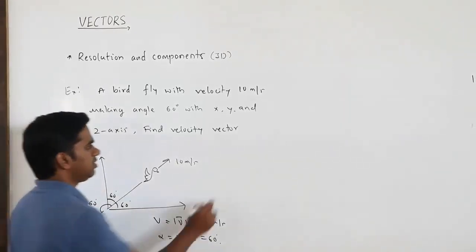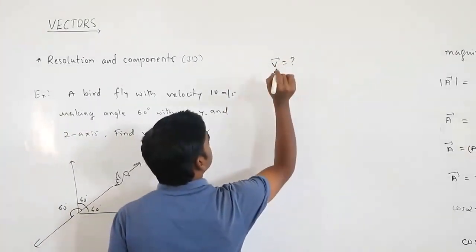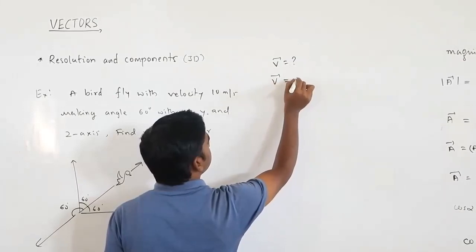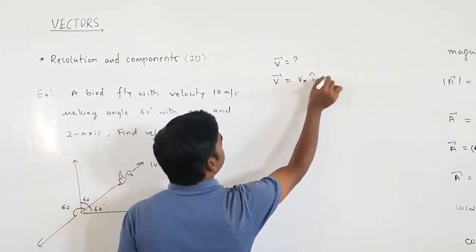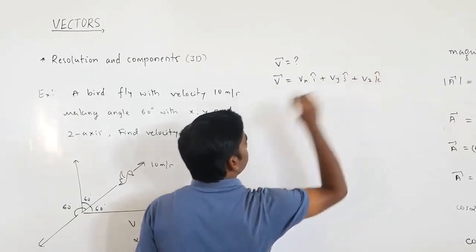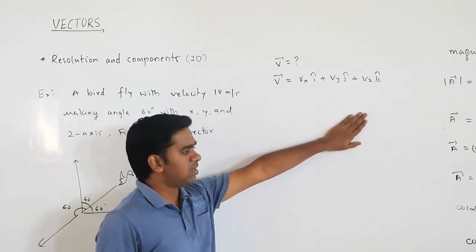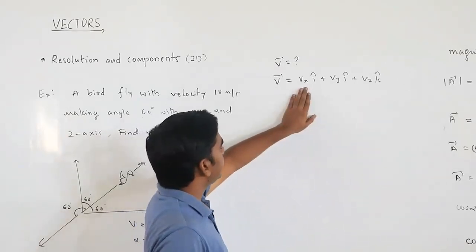They are asking to find vector V. So how can we write vector V? Vector V equals Vx i cap plus Vy j cap plus Vz k cap. But Vx, Vy, Vz are not given. But what they have given is alpha, beta, gamma.